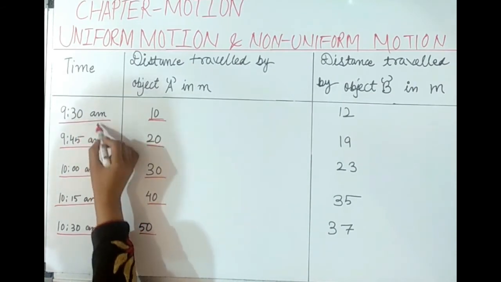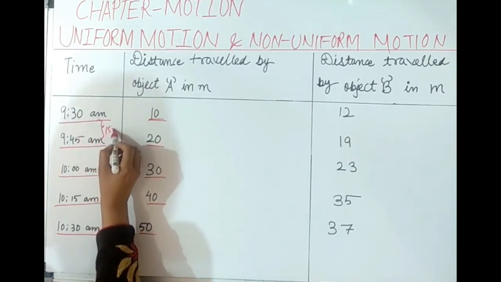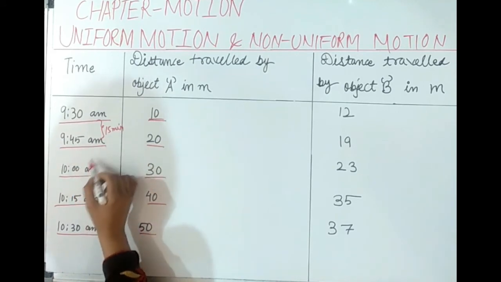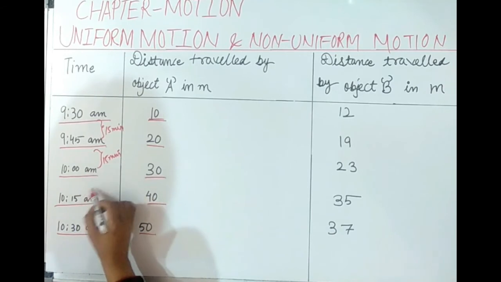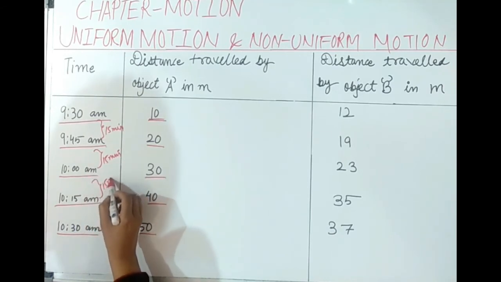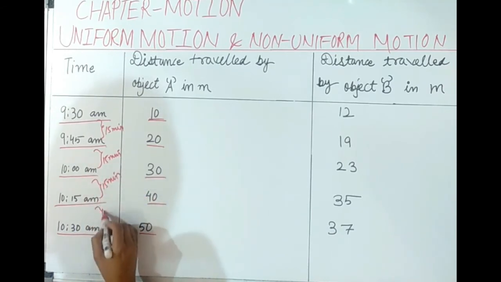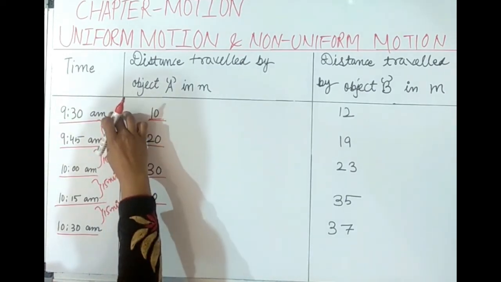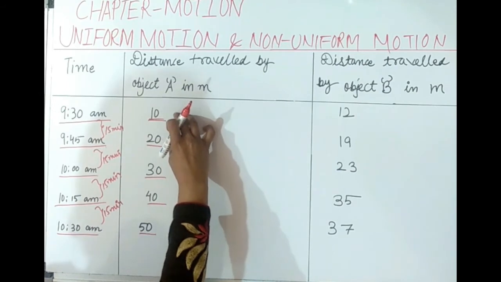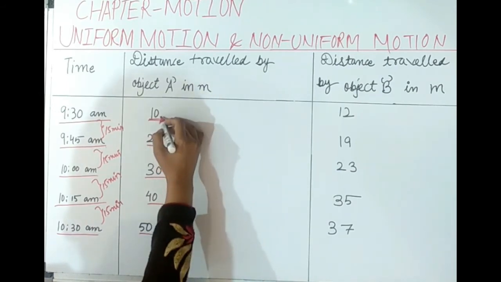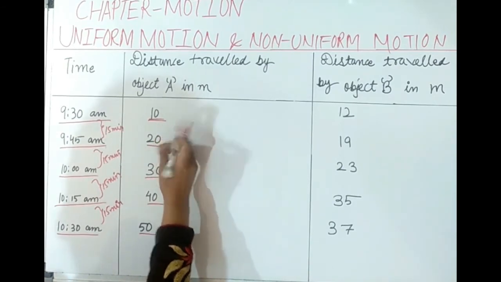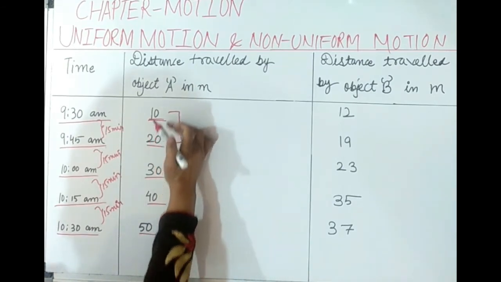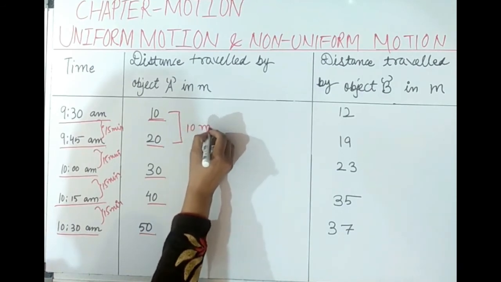The difference between these times is 15 minutes. 9:45 to 10, 15 minutes. 10 to 10:15, again a 15 minute interval, and here also the time interval is 15 minutes. In this 15 minutes, how much distance has the object covered? Earlier it was at 10 meters, and then in this 15 minutes the object has moved to 20 meters. That means the difference is 10 meters.